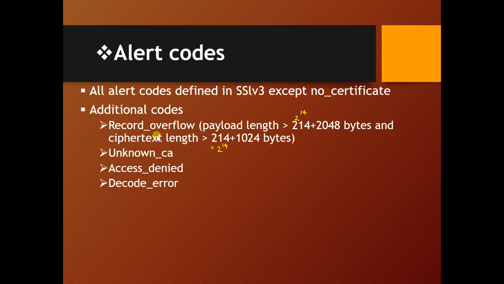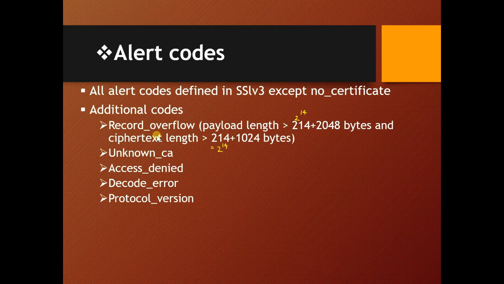This will be a message which could not be decoded because either a field was out of its specified range or the length of the message was incorrect. Protocol_version: the protocol version the client attempted to negotiate is recognized but not supported.